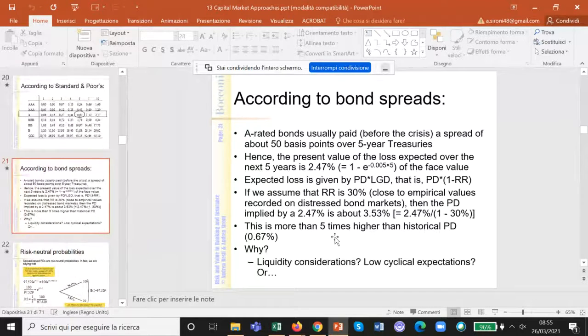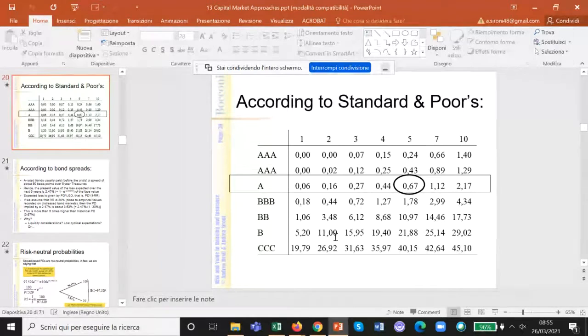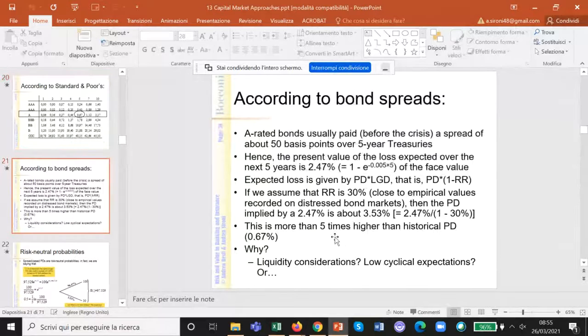Now, if we want to compare this probability of default with the one that comes out from spreads, using the methodology that we described so far, we can look, for example, at the spread that an A-rated bond usually pays with respect to a 5-year treasury, i.e. a risk-free rate. Of course, spreads move over time.